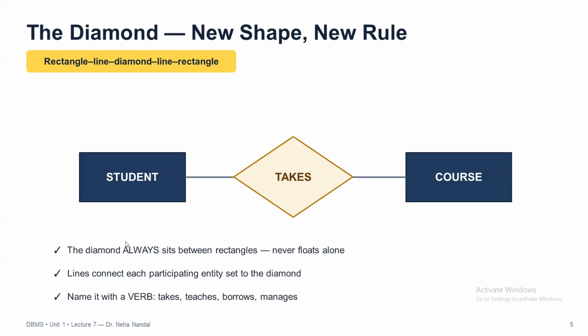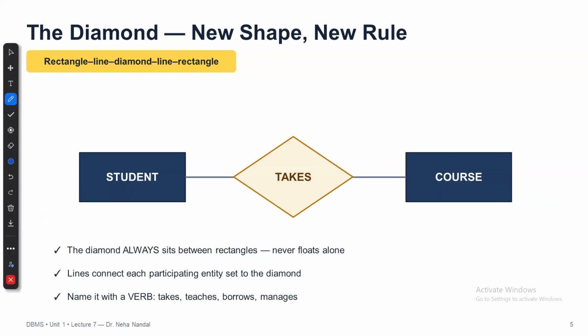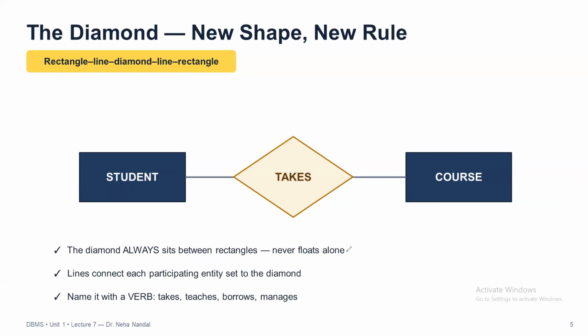Now, there are some rules. This diamond will always sit between rectangles. It will never go alone. You cannot just show a diamond somewhere without connecting it anywhere. That is not allowed. It will never float alone. Lines connect each participating entity set to the diamond. These lines.